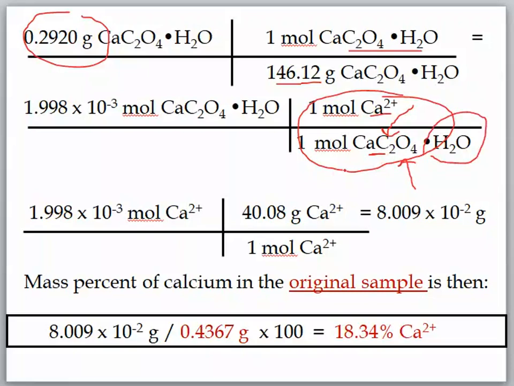So it's based on that relationship of the part to the whole. Once you get to the part, then you know the molar mass of that species, and then you can divide it by your original sample and get your percent of that species in your unknown substance.